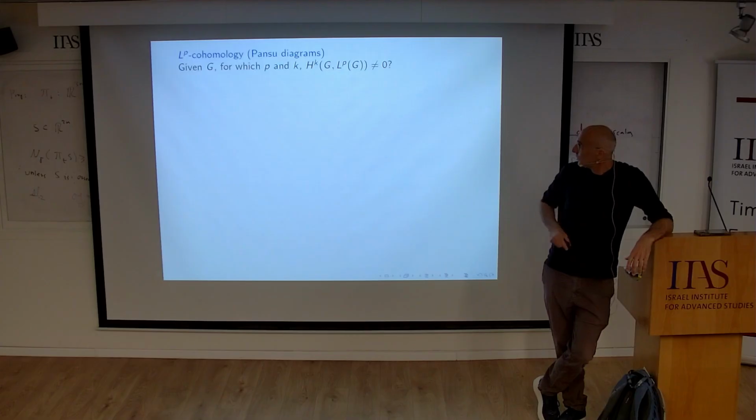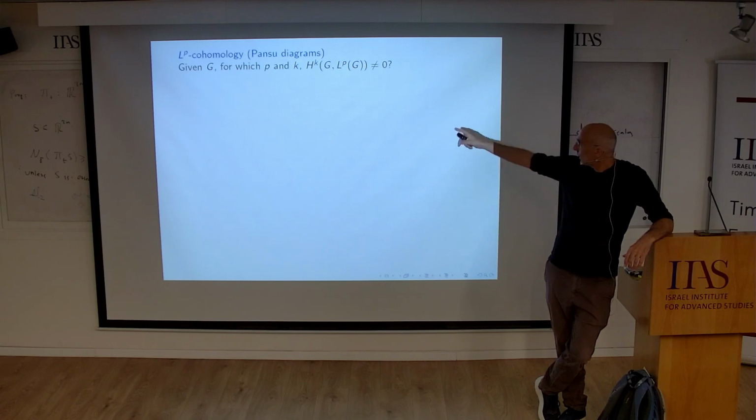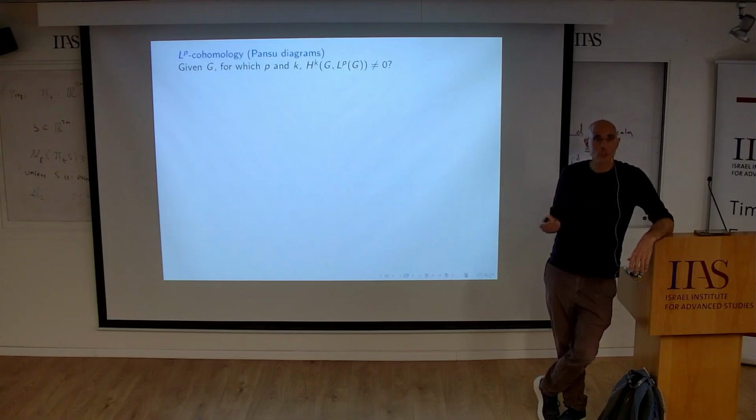In particular, we can associate such an invariant to groups. For any group, the L^p cohomology actually is the group cohomology with coefficients in L^p spaces, but as I said, there is this geometric interpretation of it. And for simple Lie groups, I can interpret this as the L^p cohomology of the associated symmetric space.